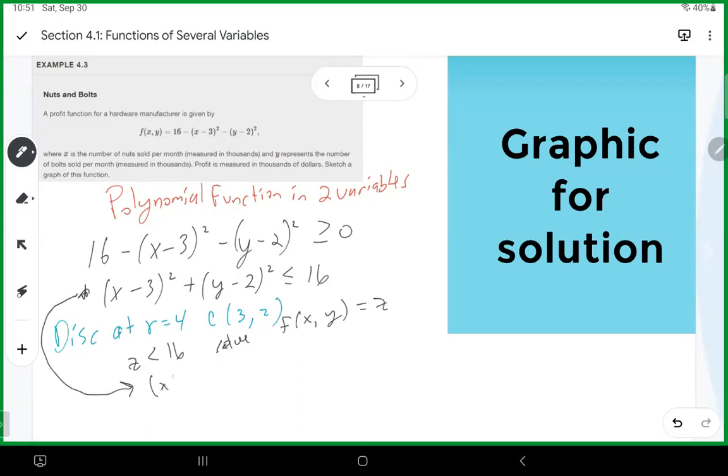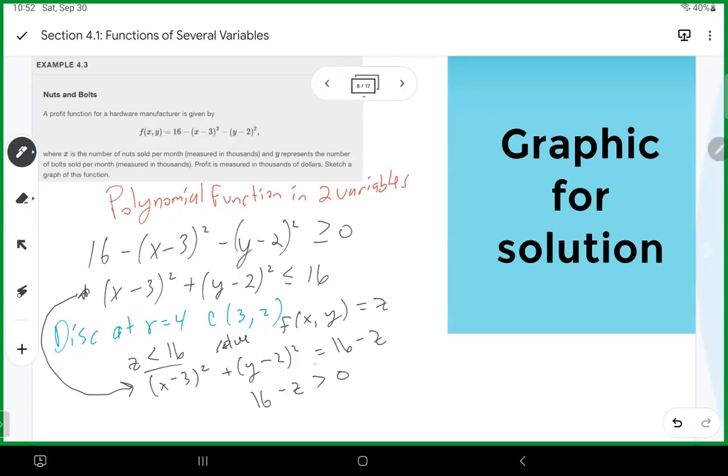And then we would have x minus 3 squared plus y minus 2 squared, the squares right there, sorry, equal to 16 minus z. All right, since we know this part, then we know 16 minus z is greater than 0.